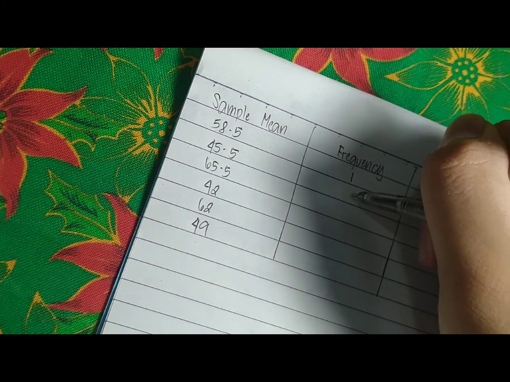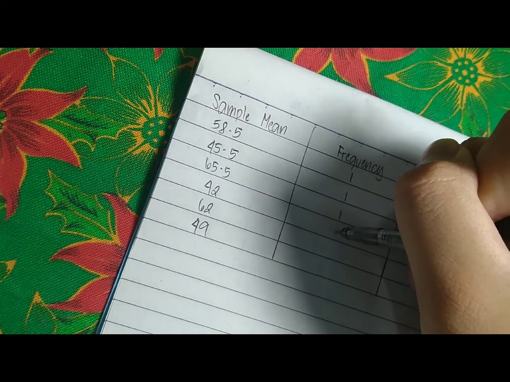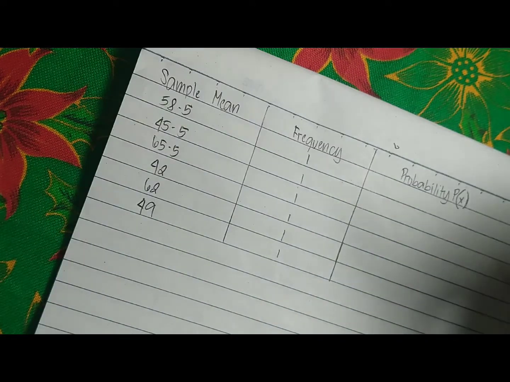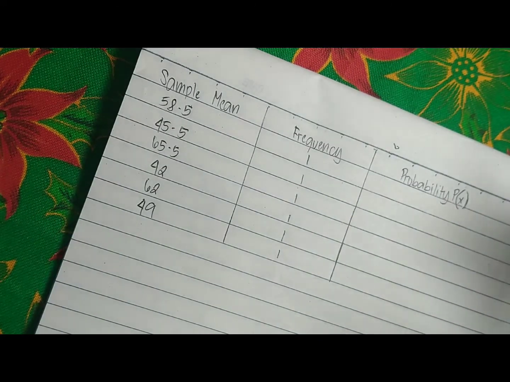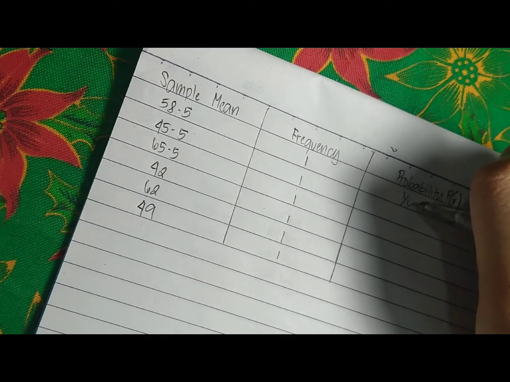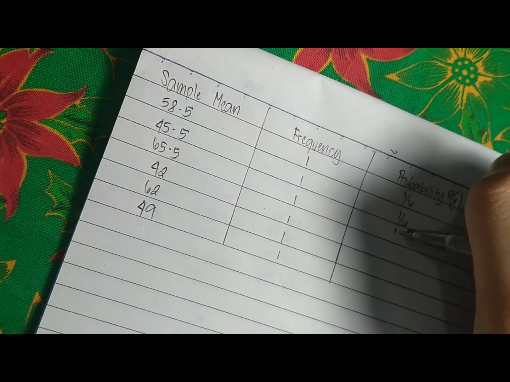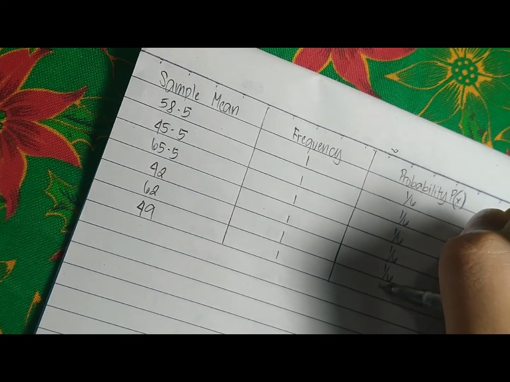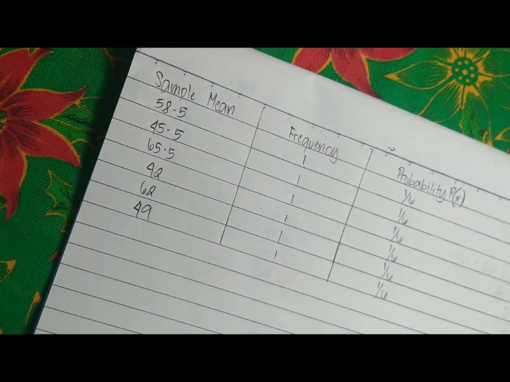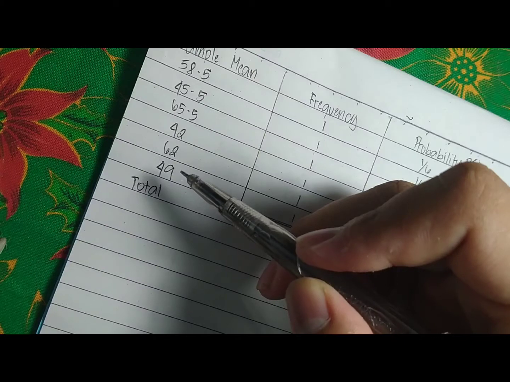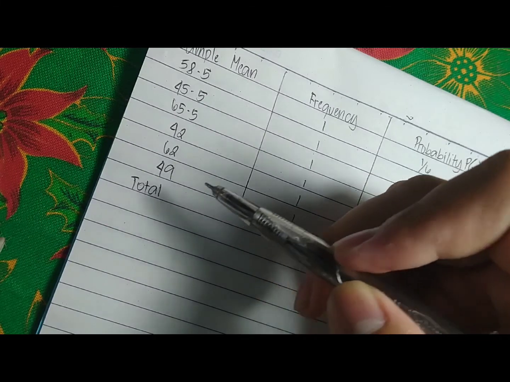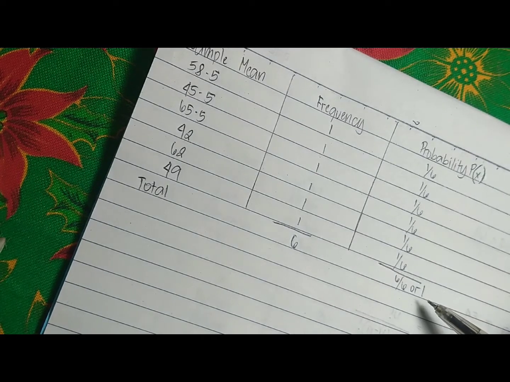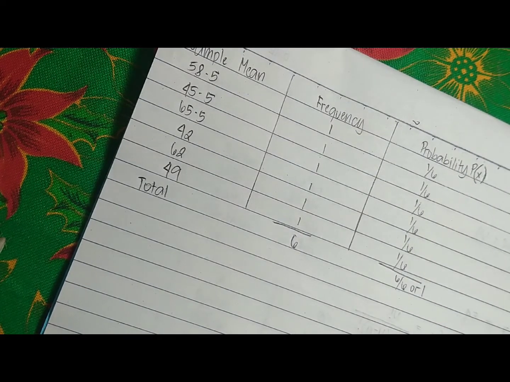Each one of them only appears once, so let's write all 1. In probability, there are 6 sample means and they only appear once, so they can be written as the fraction 1/6. So for the total, frequencies are 6 and probability is 6/6 or 1.